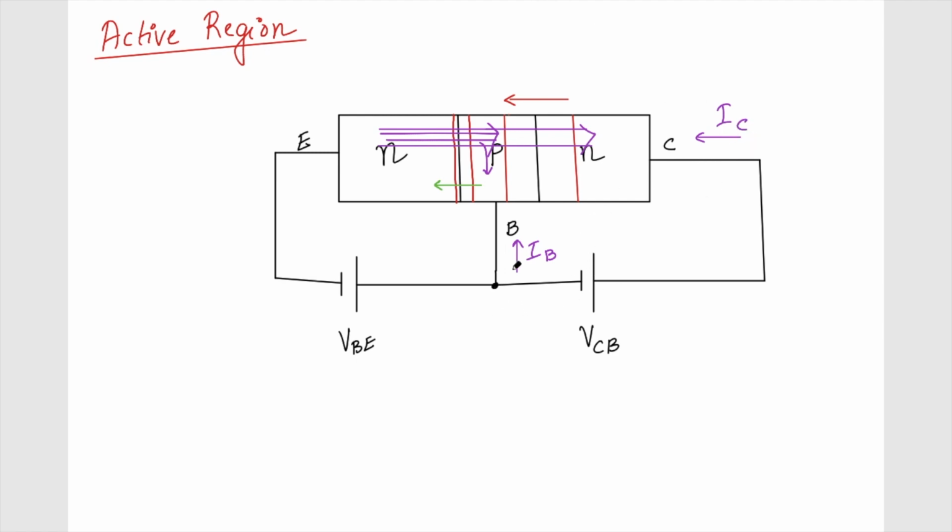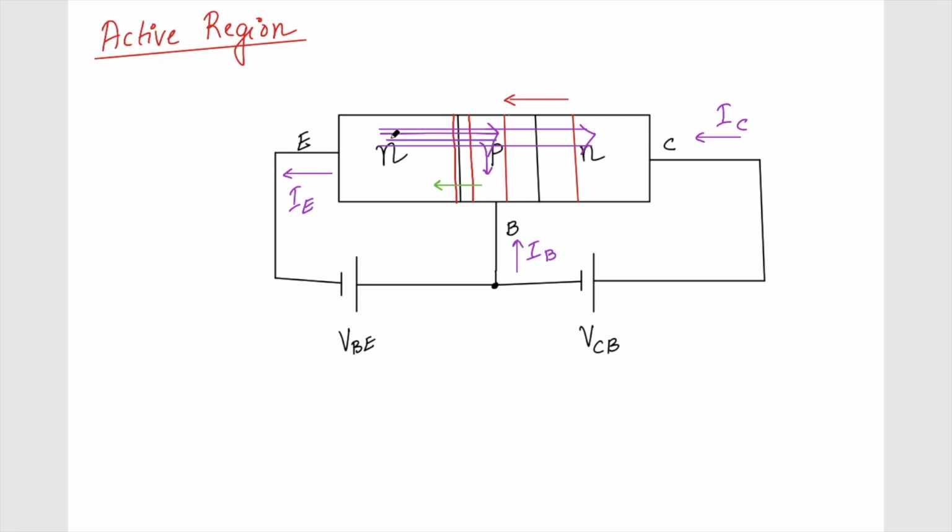And of course we know from the simple KCL principle, we can neither create nor destroy current, so both currents together will lead to a current IE, which will be the summation of IB plus IC. So basically what has happened is, because we have a lot of electrons here, and because of the reduction in the barrier potential, they have diffused here, and a few of them have recombined and formed this IB current. And of course, the direction of the current is opposite to the direction of the flow of the electrons.